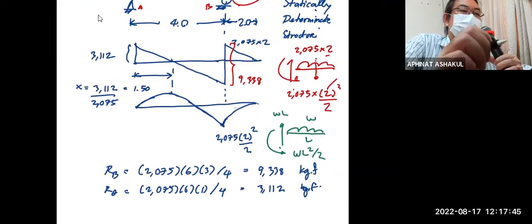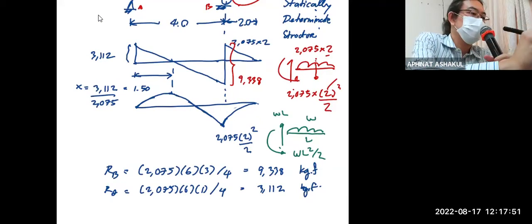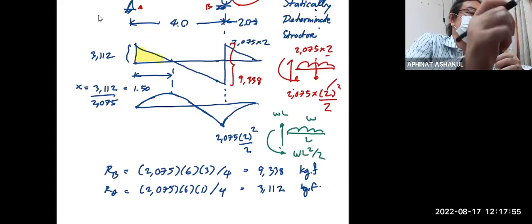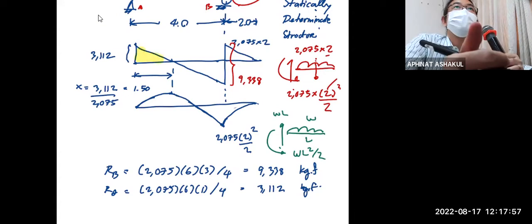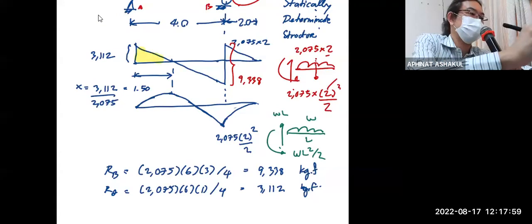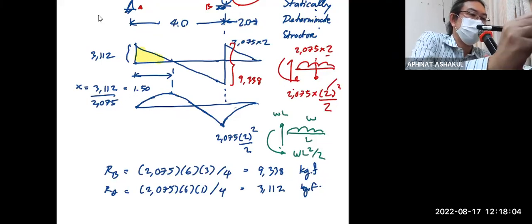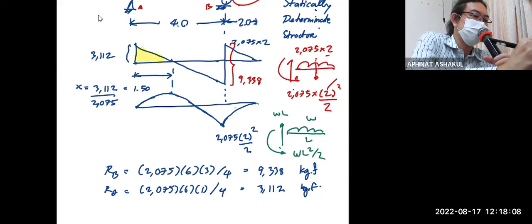So with the distance where the shear becomes 0 known, you can use the area of the shear force diagram to calculate the maximum positive moment, right? You know that? Yes, good, excellent. So I can maybe use different colors.